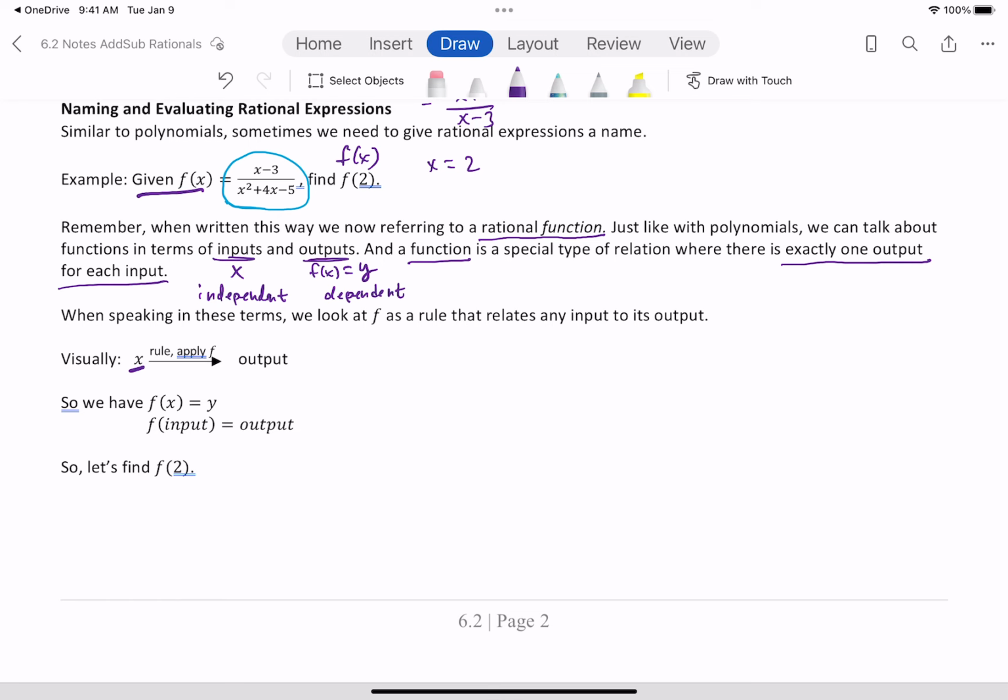So that's a lot of explanation just to try to start introducing some terms to say it works very similar to when we did polynomials. If I want f of 2, that means that I'm going to take my original rational expression, and everywhere there's an x, we're going to substitute a 2.